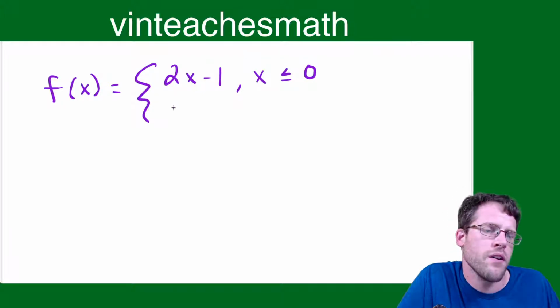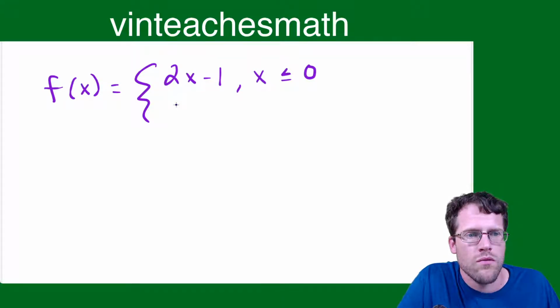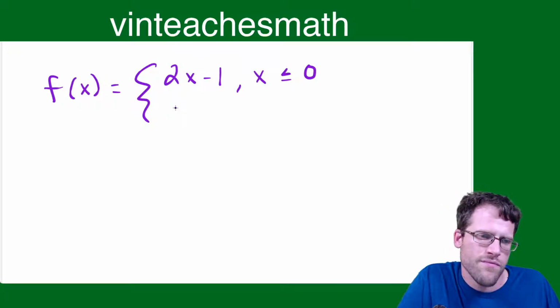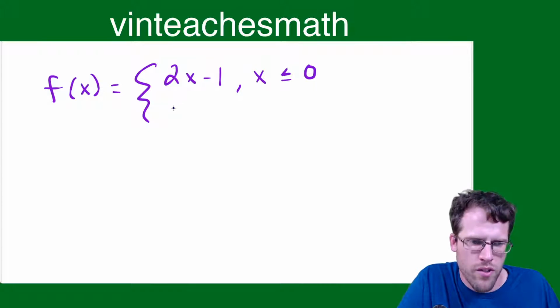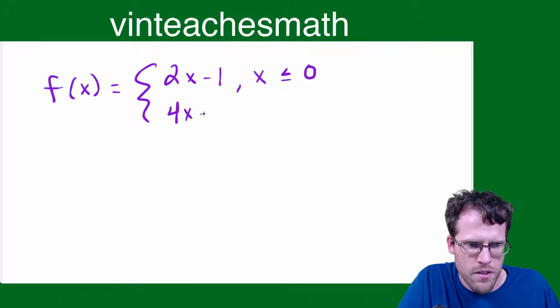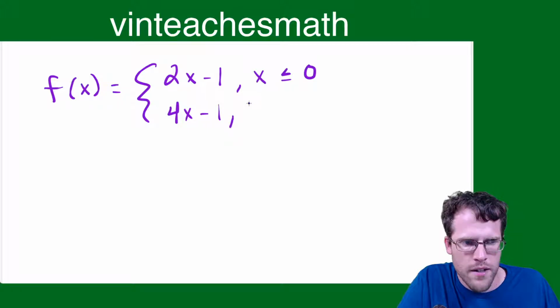And then we have 4x minus 1 when x is greater than 0.